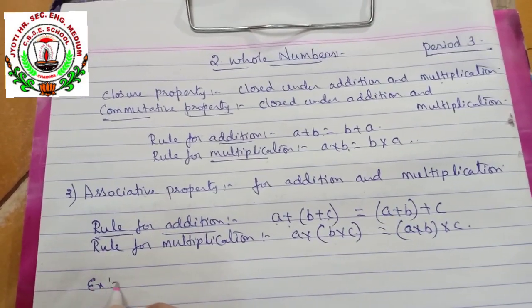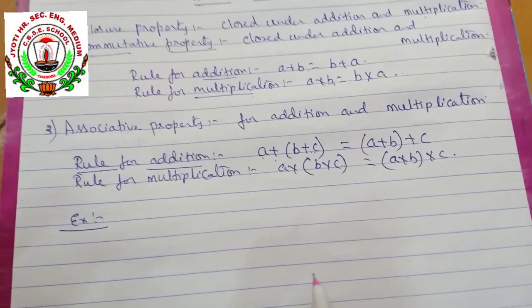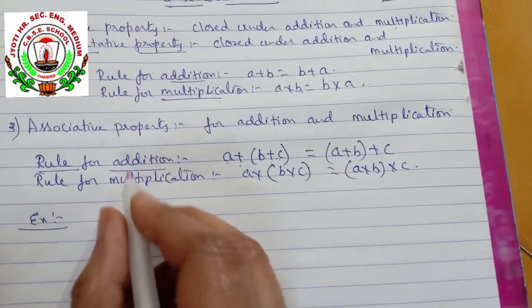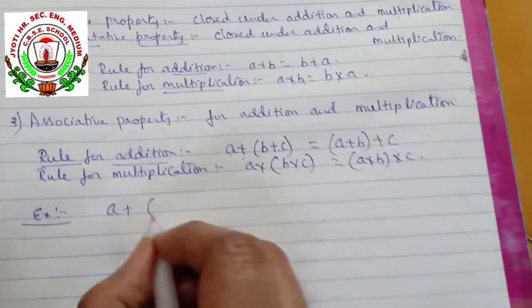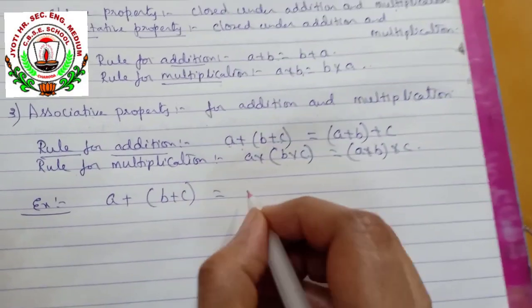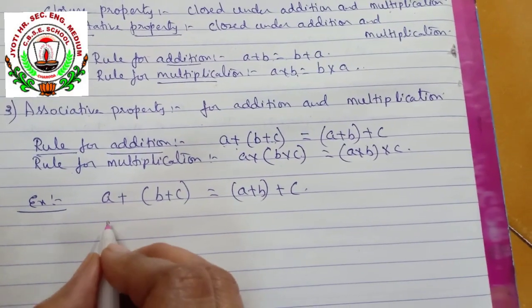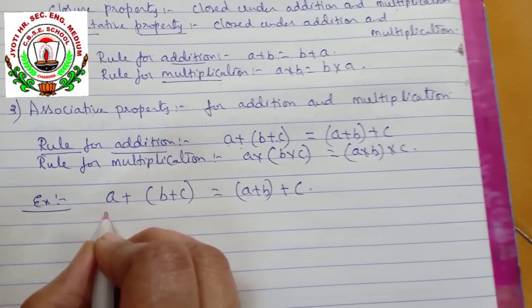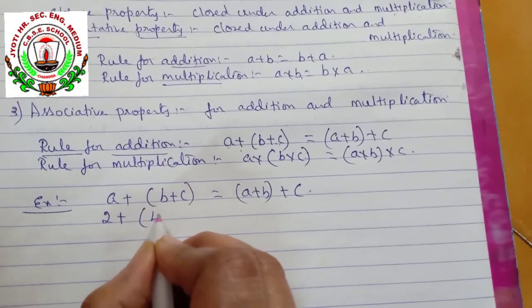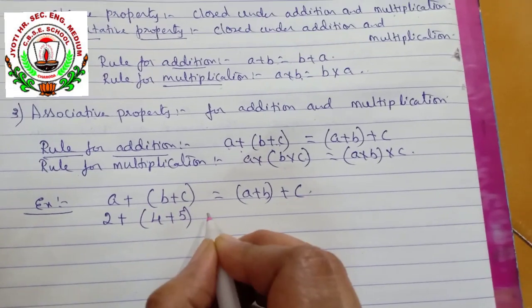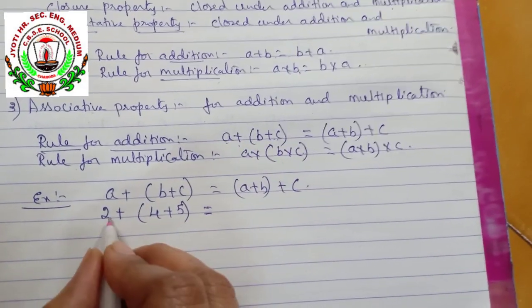For example, I am going to enlarge the example. First I am taking the rule for addition, that is a plus b plus c is equal to a plus b plus c. I am taking three numbers as 2 plus 4 plus 5.